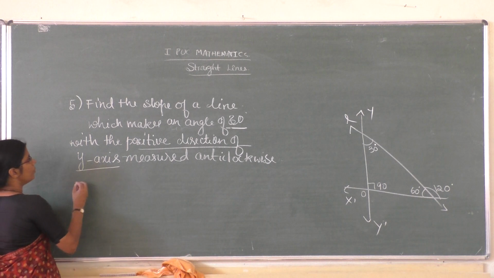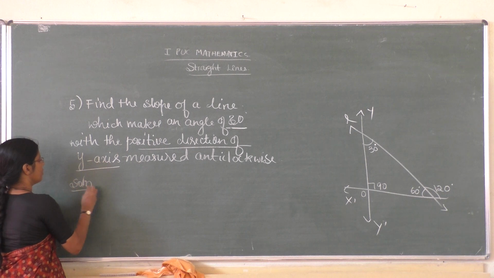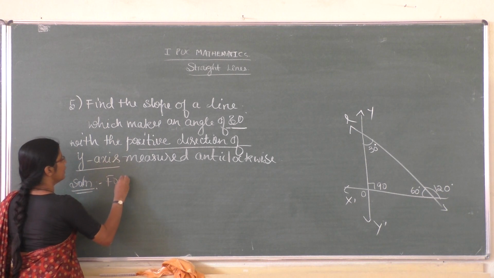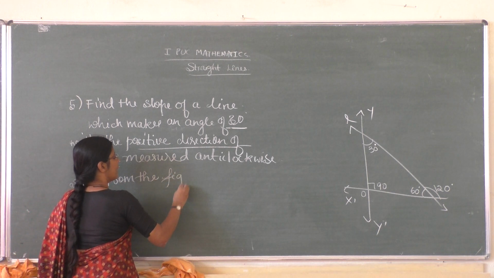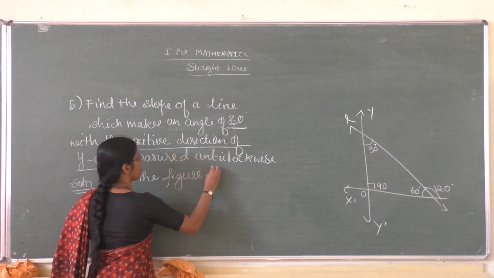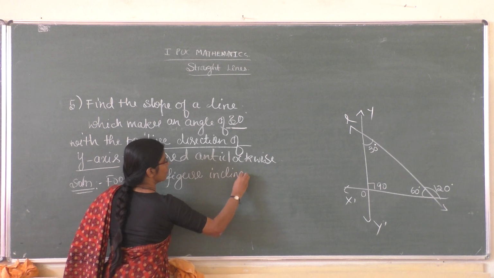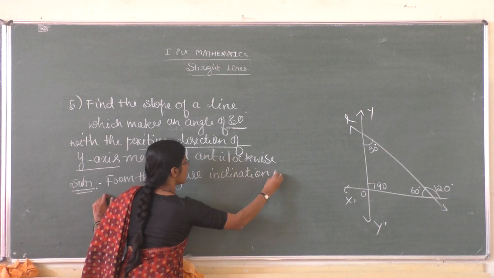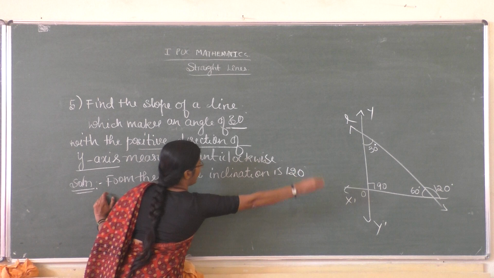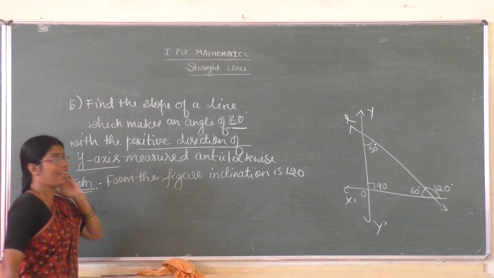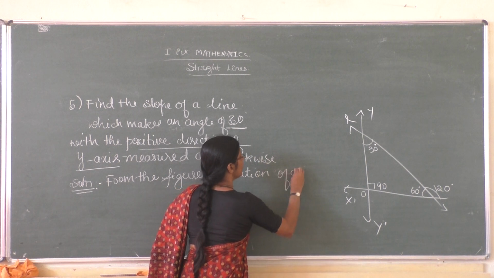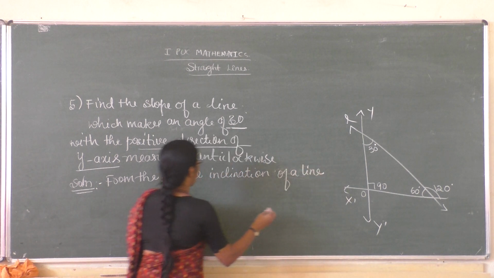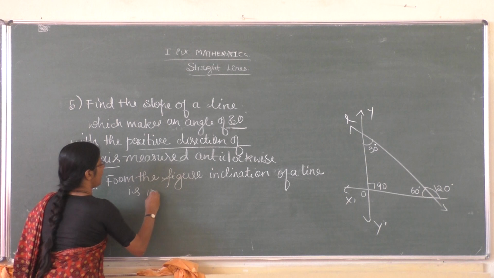So from the figure, the inclination of the line is 120 degree.